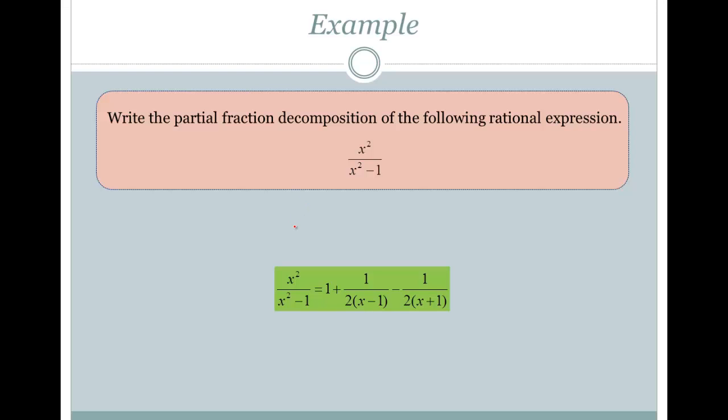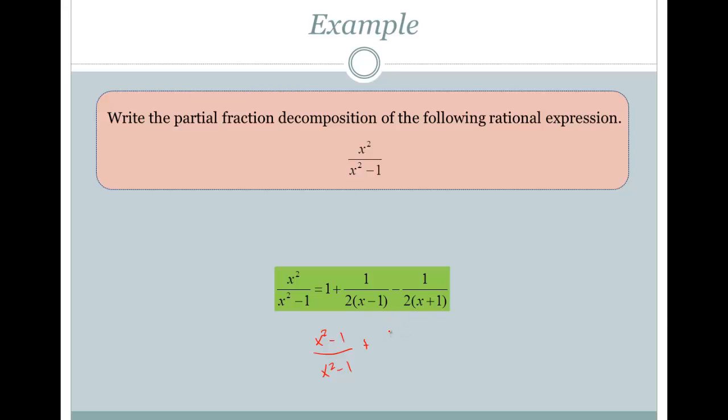If I look at the 1, it is going to be x squared minus 1 over x squared minus 1. That's the 1 term. Plus, let's get these two terms with a common denominator right here. The common denominator for these two terms is 2 times x minus 1 times x plus 1.